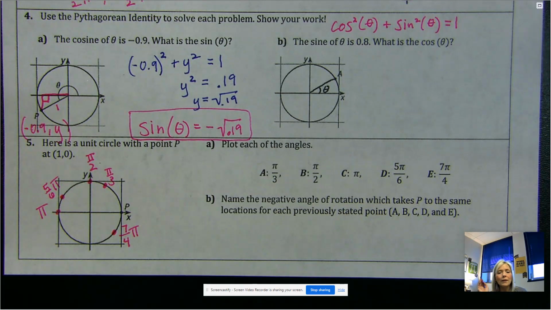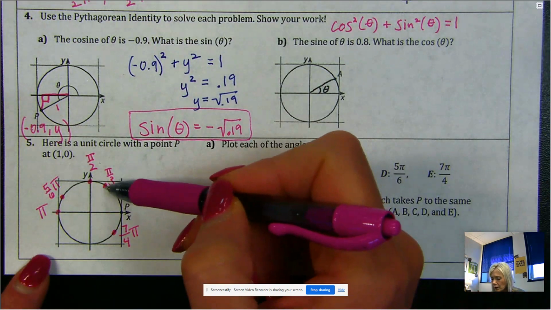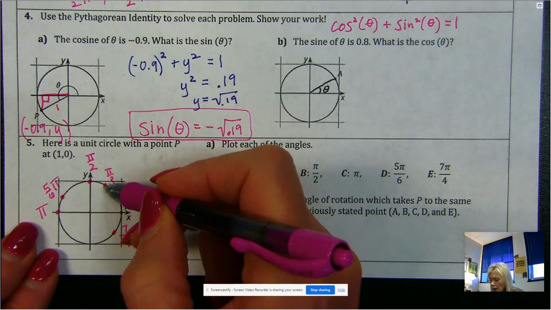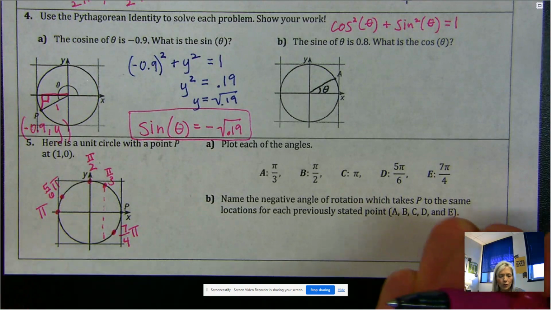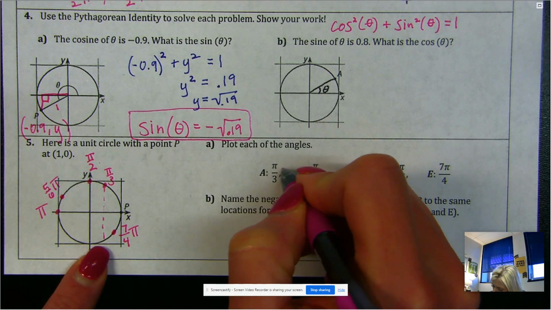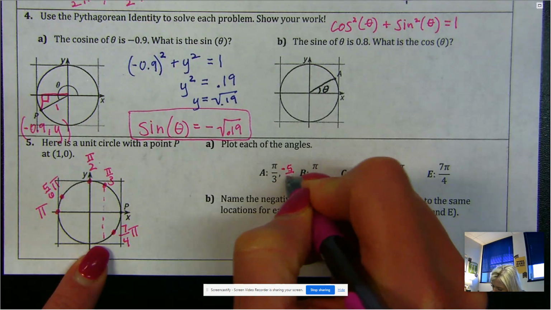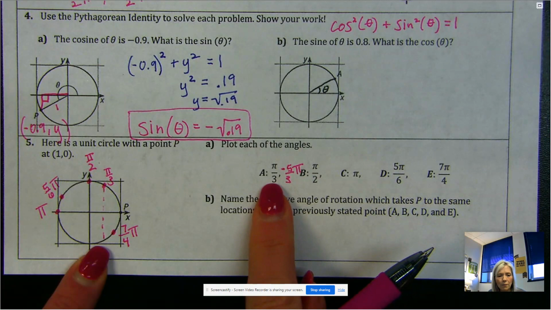Now, name the negative angle of rotation which takes P to the same point, the same location, for each of the previously stated points. All right, so for pi over 3, all you have to do is go directly below it, look at your unit circle, and that is where I see 5/3 pi, so negative 5/3 of pi will also land at that same point.